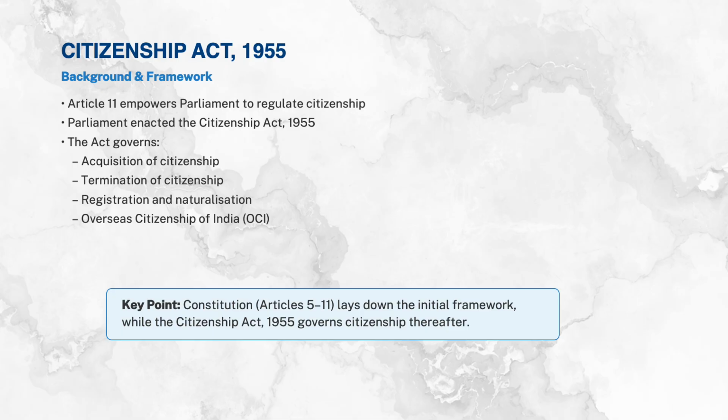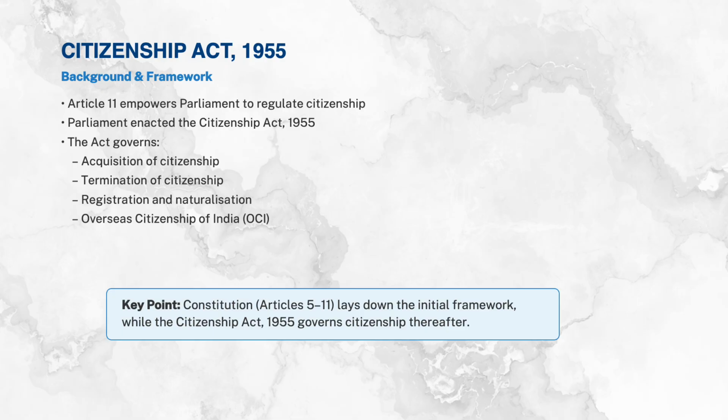How did they create it? Article 11 empowers the Parliament to regulate citizenship. Point number 2, the Parliament enacted the Citizenship Act 1955, right? The Act governs, number 1, acquisition of citizenship, meaning how to acquire citizenship.